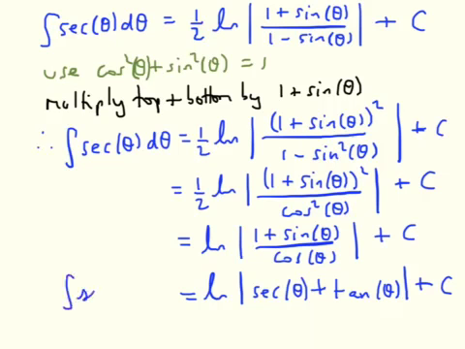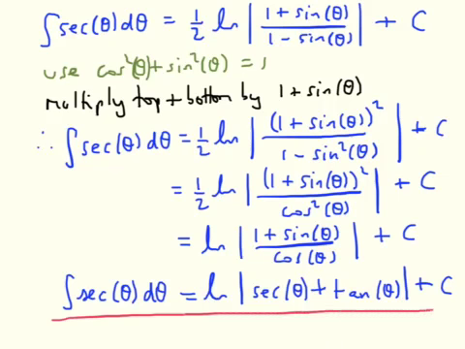So what we've seen in this video is that the integral of sec theta with respect to theta is the logarithm of the modulus of the sum of sec theta plus tan theta. And that, with this ambiguity of an integration constant, is our final result.